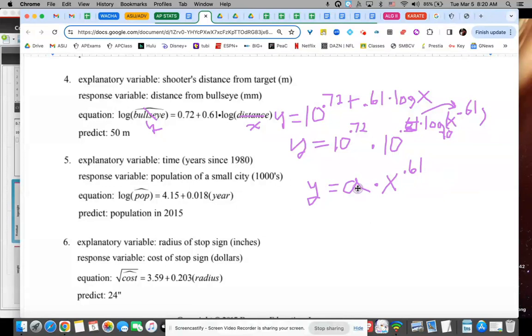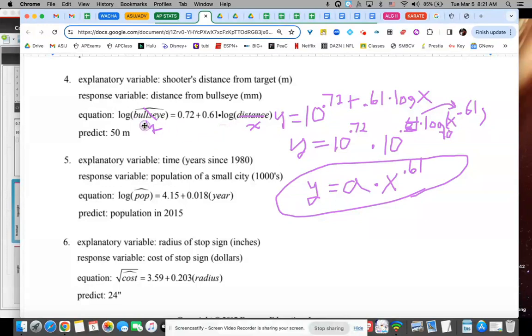It's like my a and b, well, the variables here. So this is a power, like if I had x squared or x cubed or x to the fourth, but it's 0.61 instead of a square or a cube. So this has been deduced from something that had two logs in it that was linear. This is what your calculator is doing.